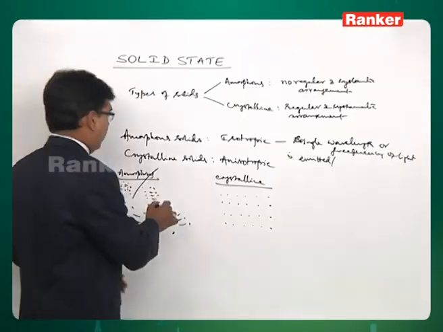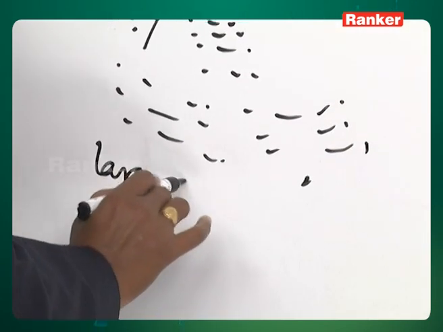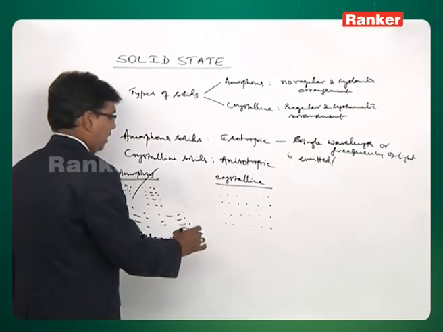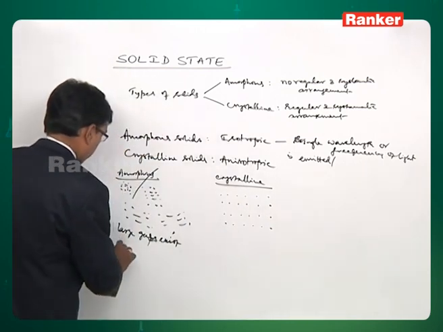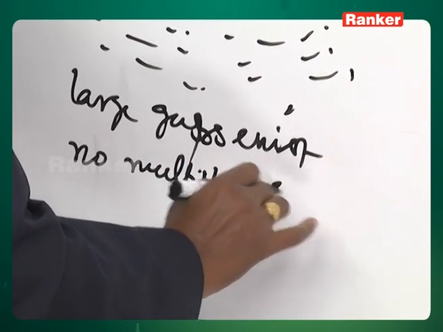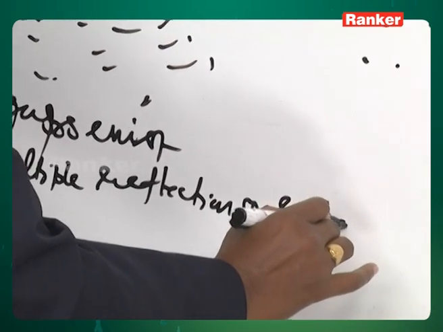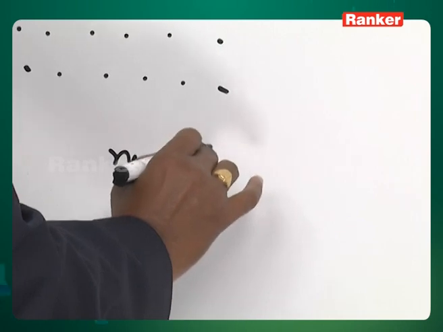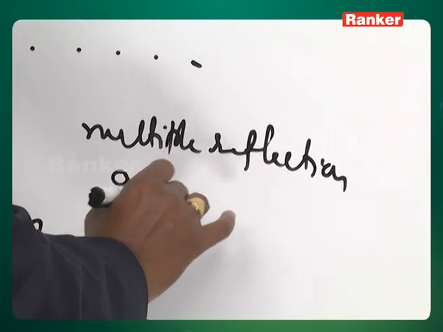In one case there are large gaps in between, and the gaps are very systematic, so there is no multiple reflection or refraction, but in the other case multiple reflection or refraction takes place.